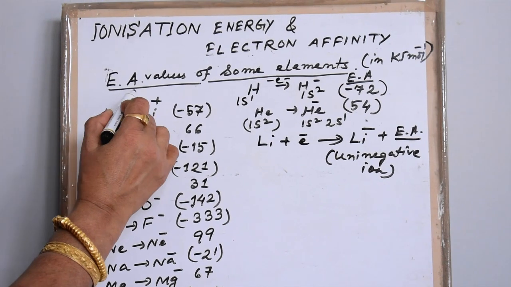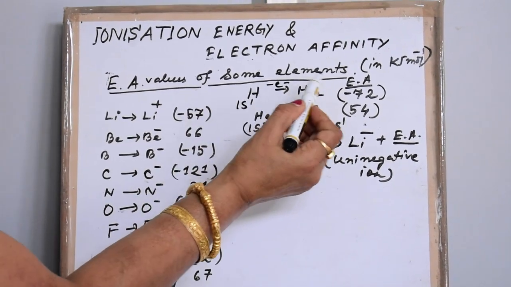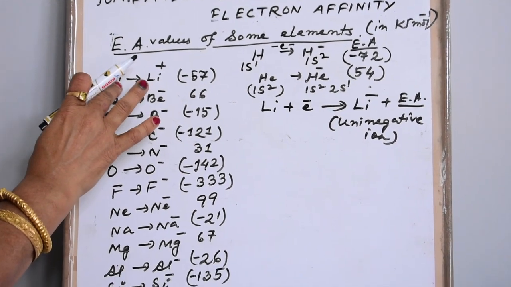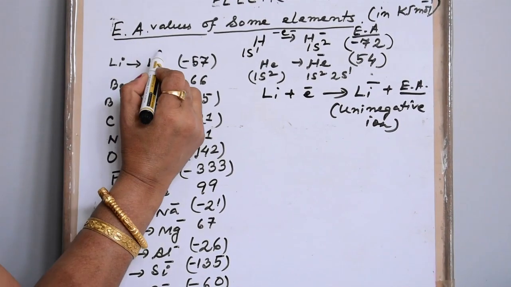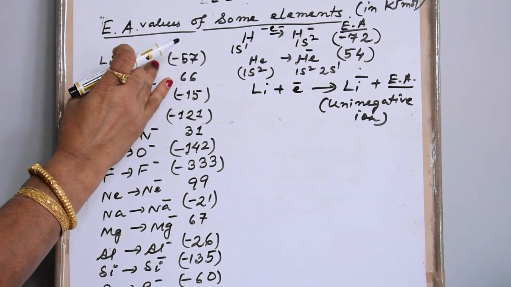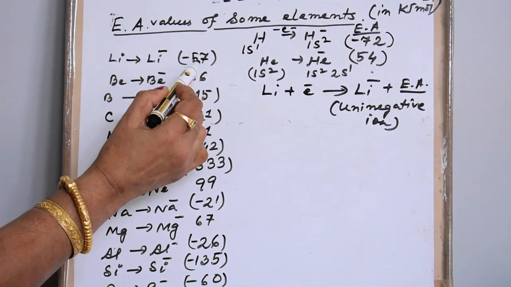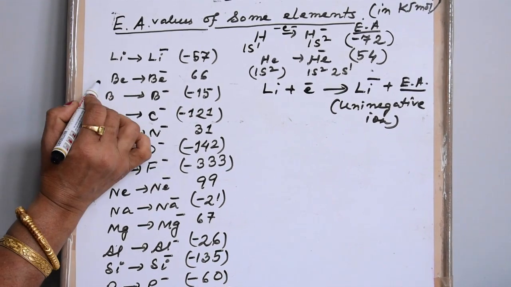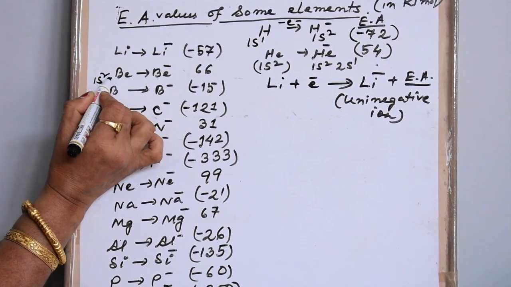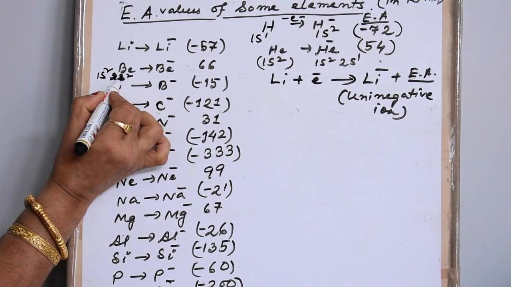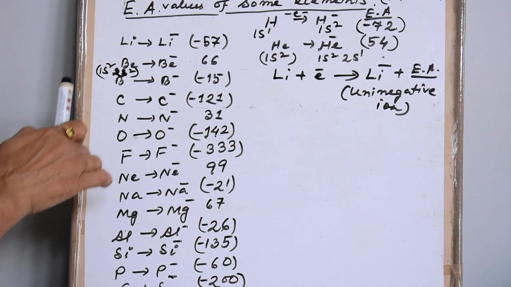The different electron affinity values for elements in kilojoule per mole are: for lithium, to form the lithium negative ion, the energy released is minus 57. In the case of beryllium, it has 1s2 2s2 electronic configuration.